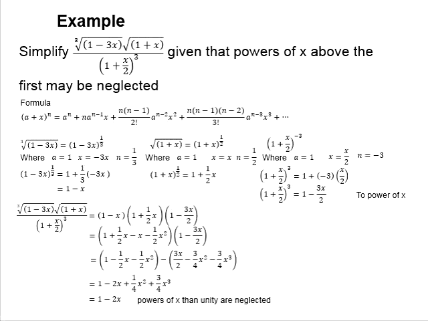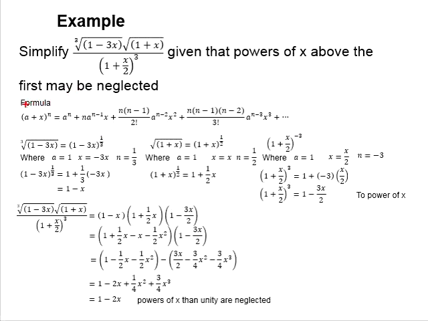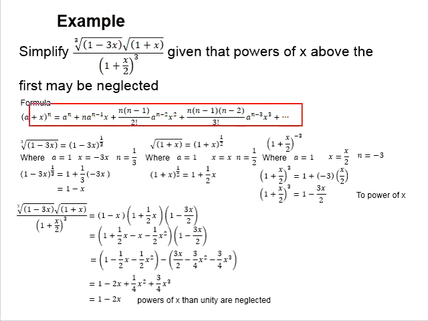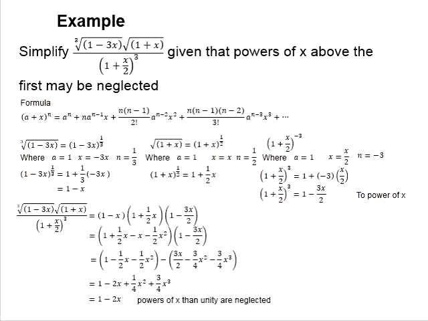You know that you can use this binomial theorem to solve the functions. This is the formula. You have 3 functions here. You will have to use the binomial series formula for the 3 functions separately, and you only need to determine the term up to power of x only.